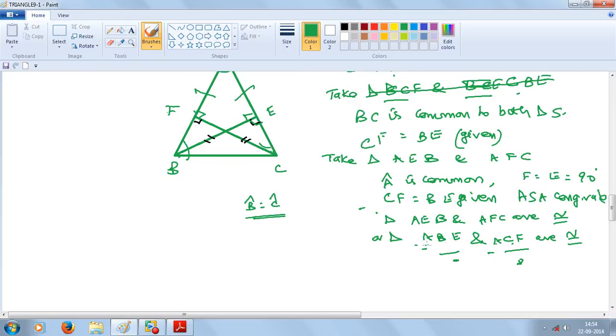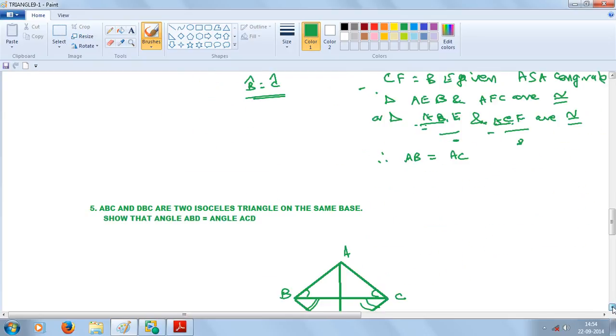If two triangles are congruent, this AB is equal to AC. Therefore, AB is equal to AC. The same order we can write: AB equal to AC, BE equal to CF, EA equal to FA. Like that. Next, go to the next problem.